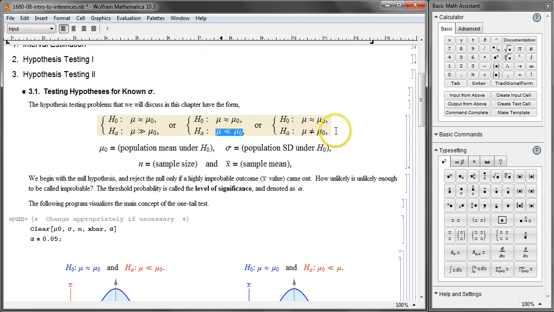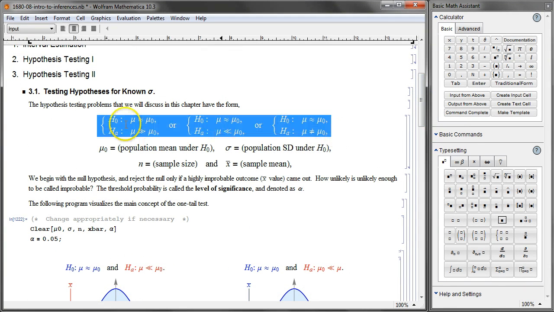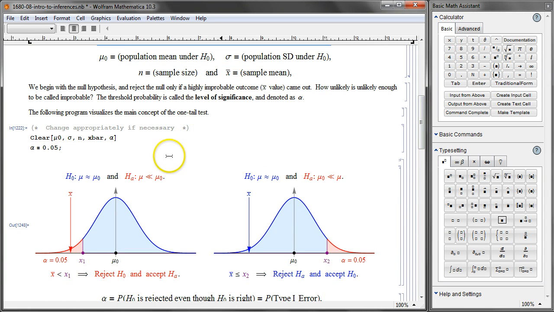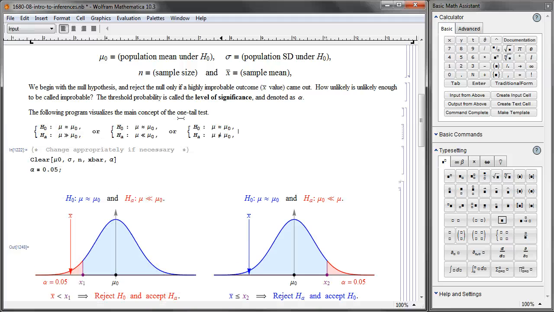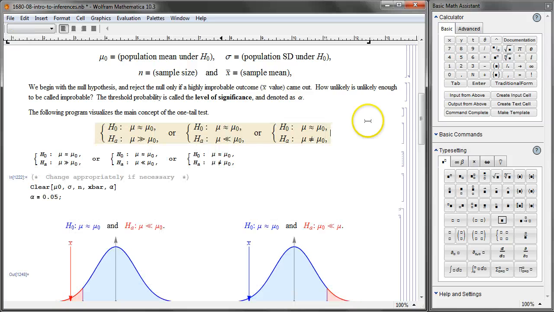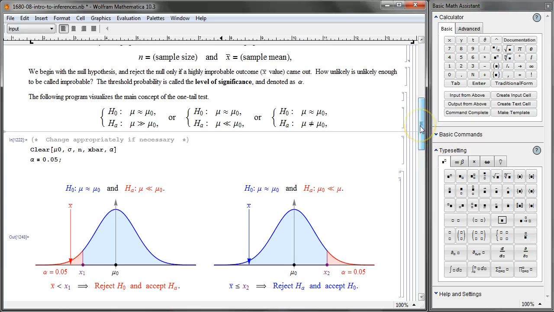By the way, let me copy and paste this one. Okay. Now let's pay particular attention to left-hand side picture. We have normal picture around population mean mu naught, and this is the null.